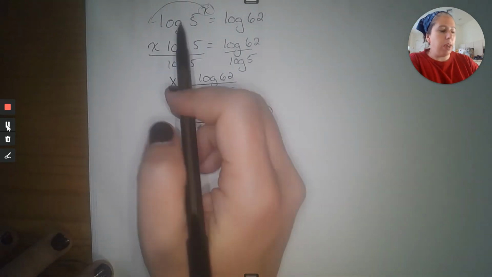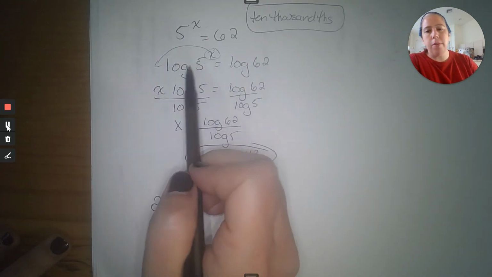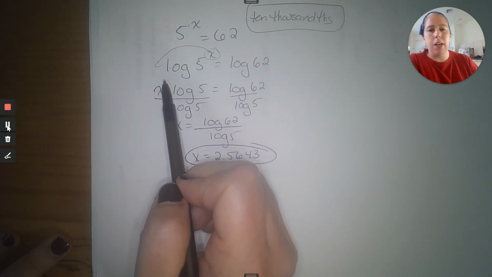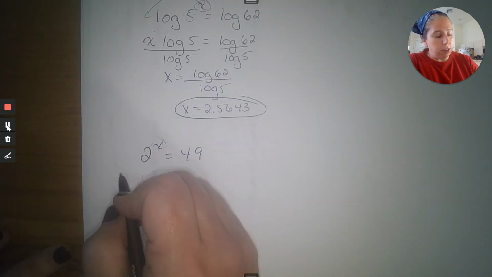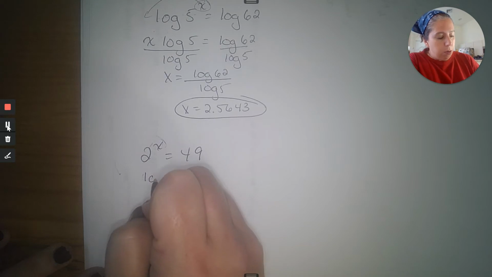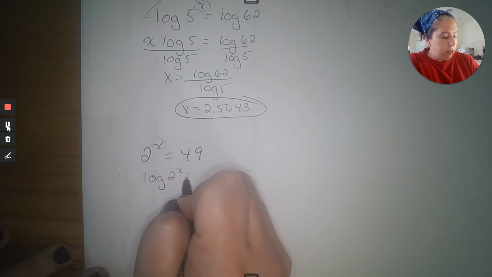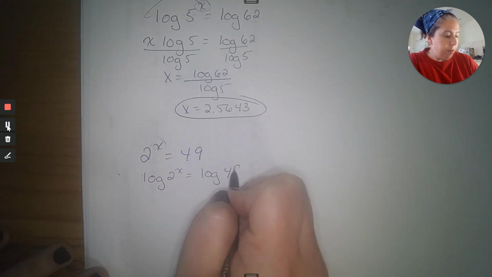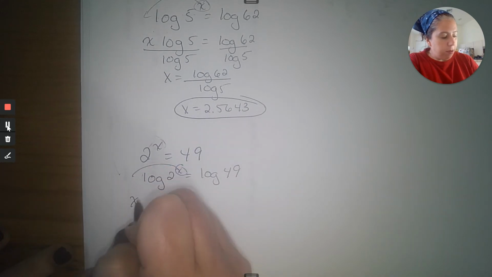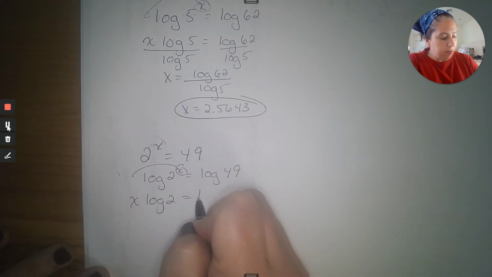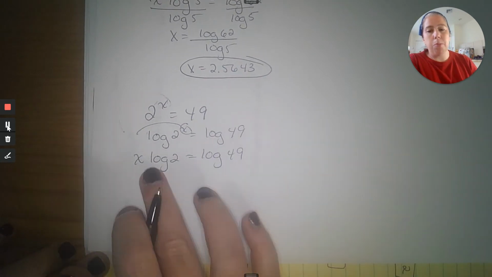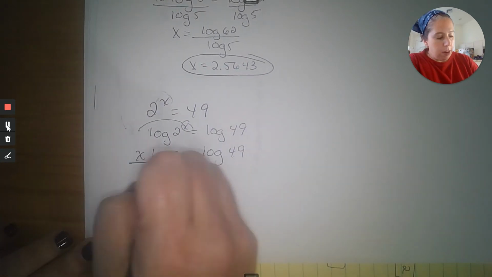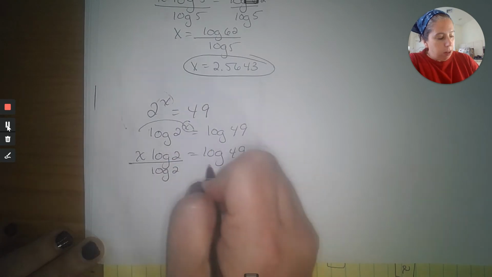Now, what you can do is, guys, you can actually do this step and then dropping it down at the same time if you want to. Okay, so I want to hit both sides with a log, and this is going to drop, right? So we're going to go log 2 to the x equals log of 49. I'm going to drop this guy to the front. You got to make sure you do the log to the other side, guys. You have to hit both sides with the log, or else it's not going to work. Divide both sides by log 2.